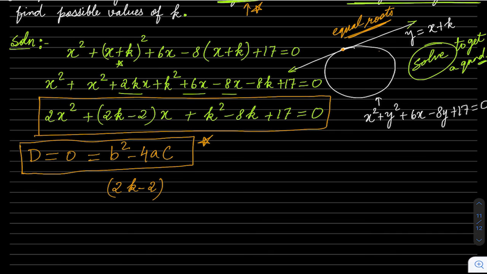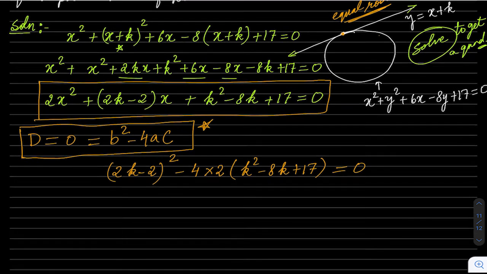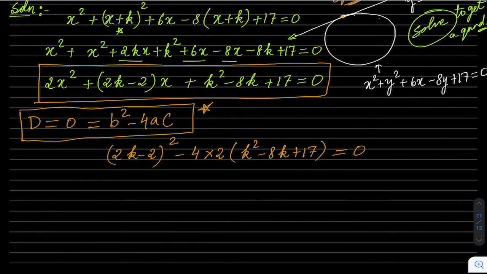Discriminant is b square minus 4ac. My b is the coefficient of x, so b square is 2k minus 2 whole square, minus 4 times a, which is 2, into c, which is k square minus 8k plus 17, equals 0. So let's simplify this. Let's open the brackets.